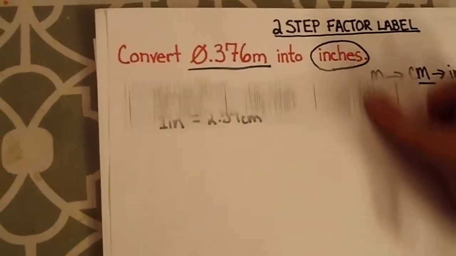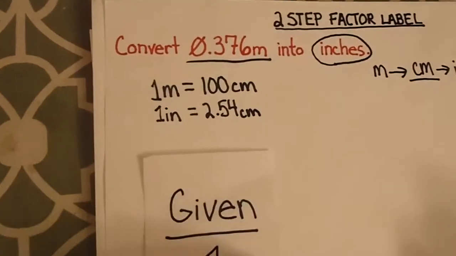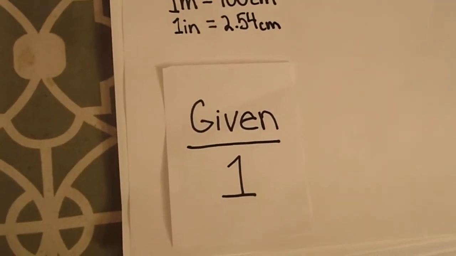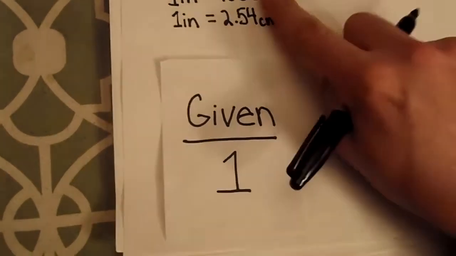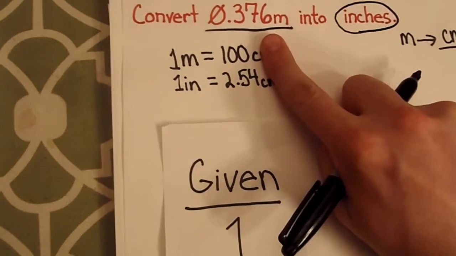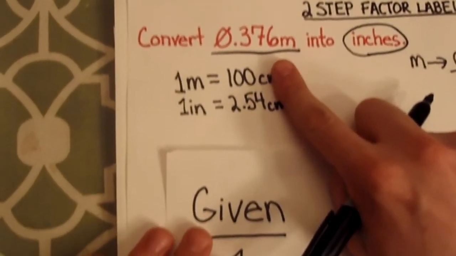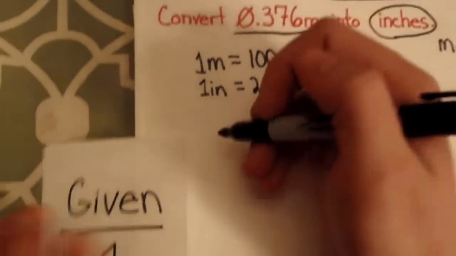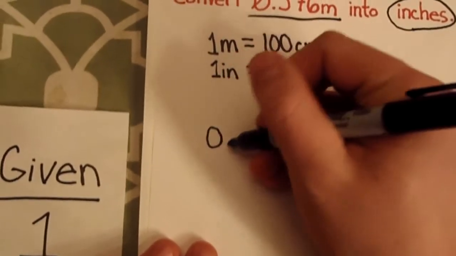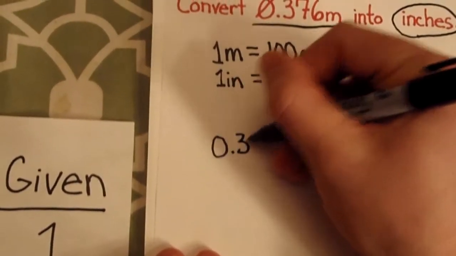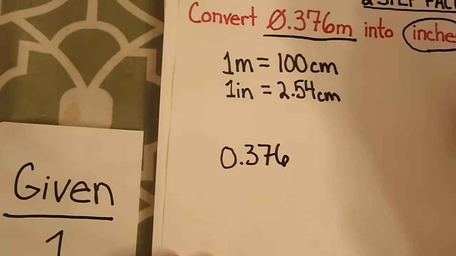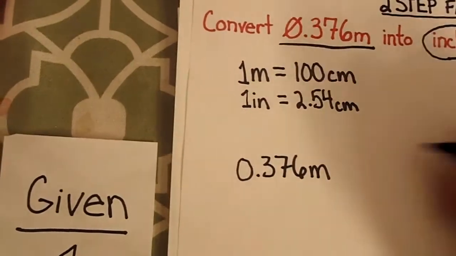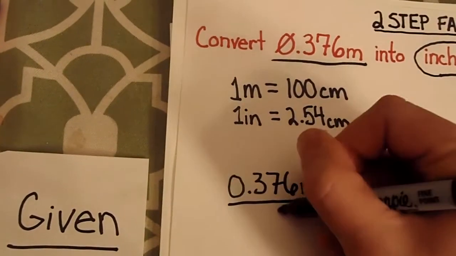Let's start our problem. Again, like last time, we always start with our given over 1. Well, what were we given in the problem? 0.376 meters. So I'm going to write that over 1.